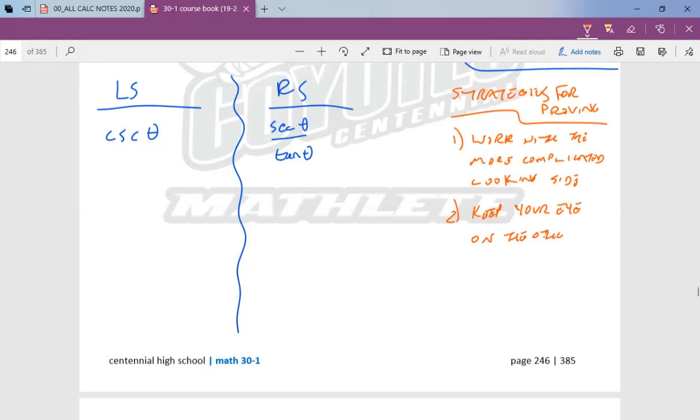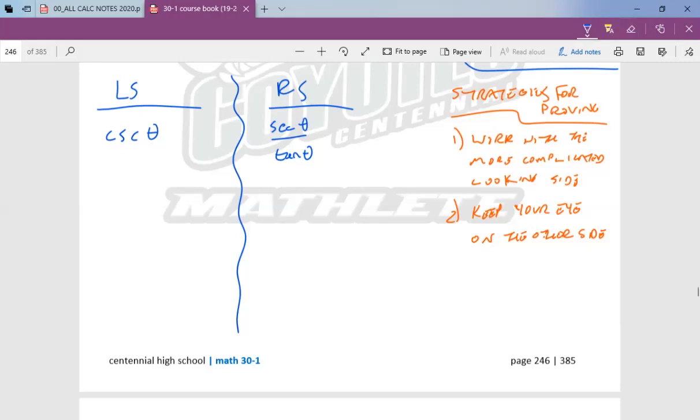What I mean by that is even though we're going to be working with secant theta over tan theta, keep in mind what we're trying to make it look like, and we're trying to make it look like cosecant theta. And so sometimes having that in mind is going to help us. So those are two strategies for now. We're going to build some more in as we go along through this, but there's two of them.